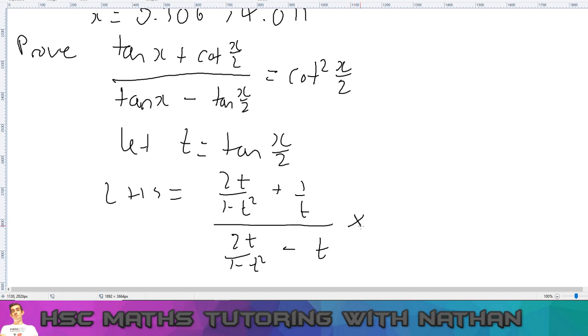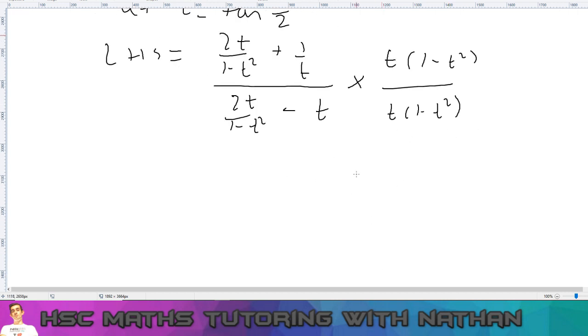So now if you watched the last video, the next thing we do is we times everything, the trig here, by the lowest common denominator, which is this denominator combined with that denominator. That means we're going to times top and bottom by that, because that will cancel every fraction.